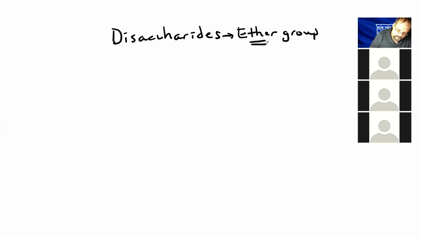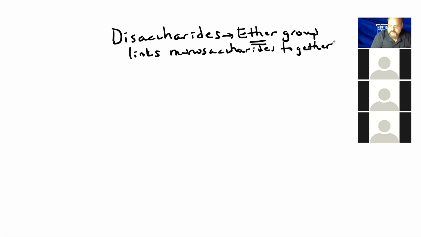You get an ether. An ether links monosaccharides together. You get an ether group to link them together. Remember, for your ethers, C-O-C.